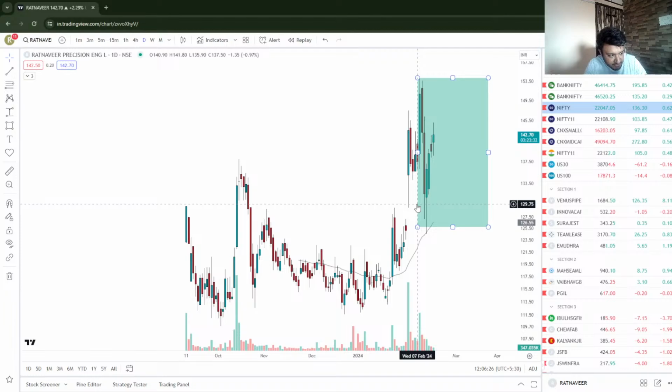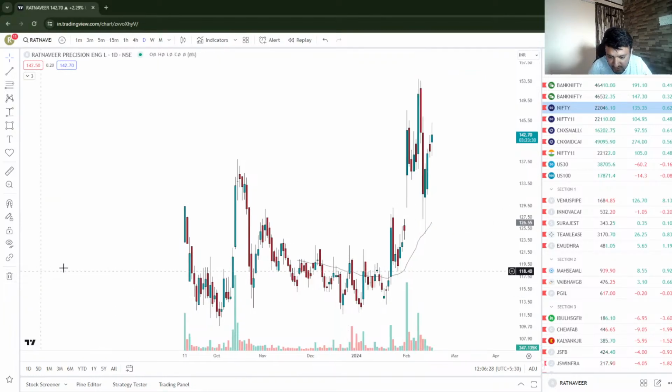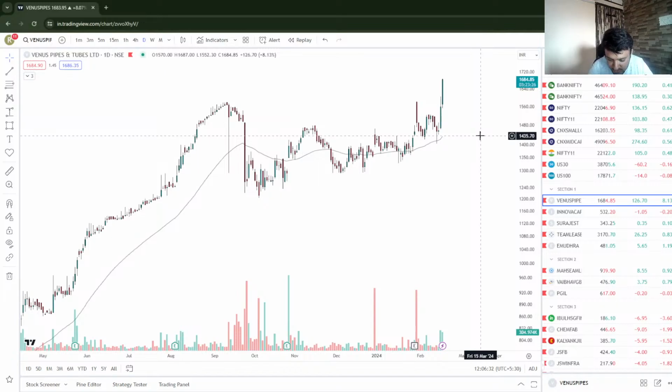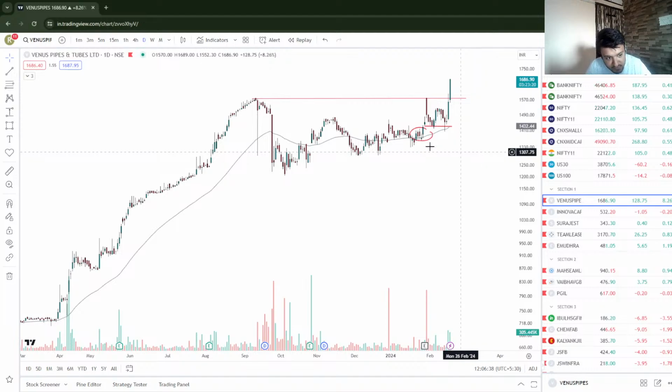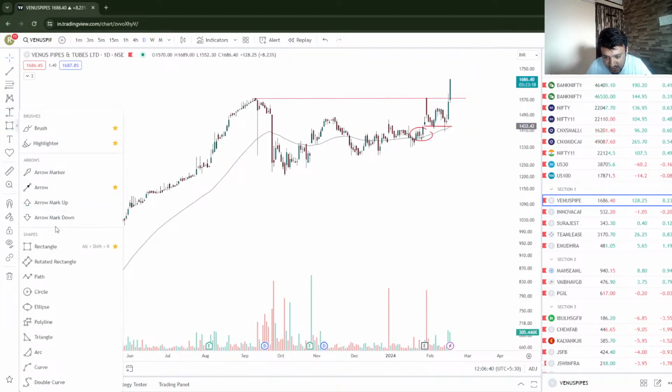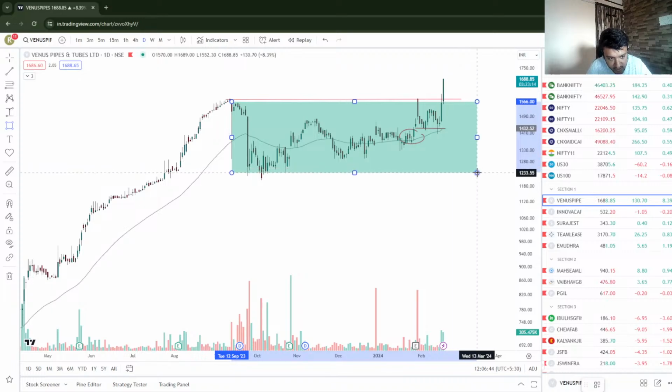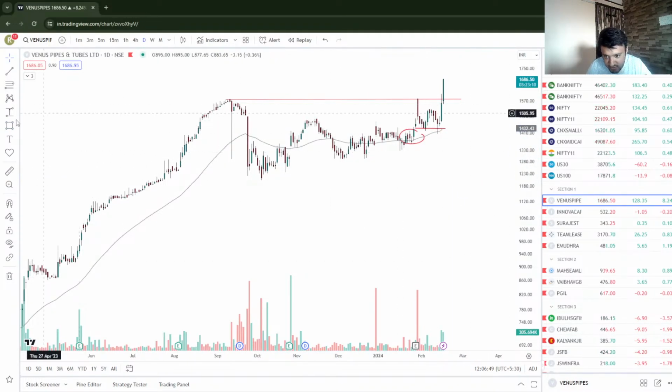Another example which I will share with you, I think I've discussed this stock. Don't buy it now, okay? It's already gone. Please don't buy it right now. But if you see this entire range, from this high to this low, inside it there are different parts, so we won't consider this one.